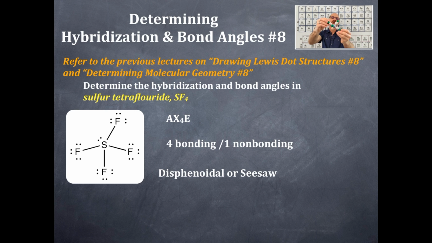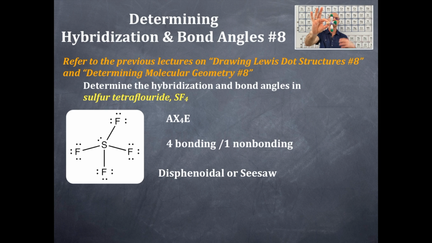Just like I mentioned in the previous video, determining hybridization and bond angles number 7, it was a trigonal bipyramidal structure. And I mentioned that lone pairs of electrons, like this one I'm holding on to right now, must go in the trigonal planar structure of a 5-domain trigonal bipyramidal electron domain structure.